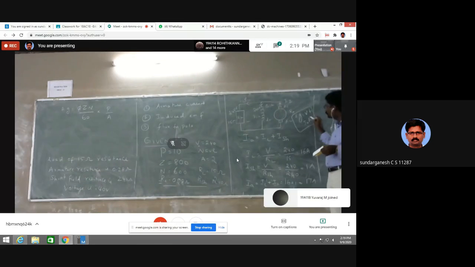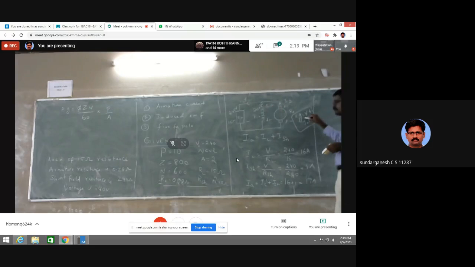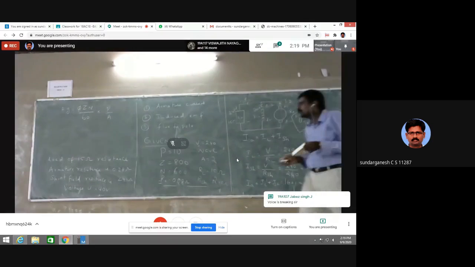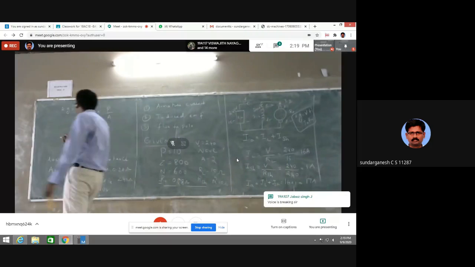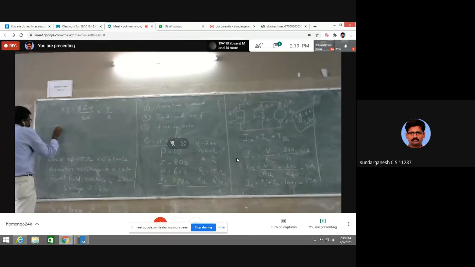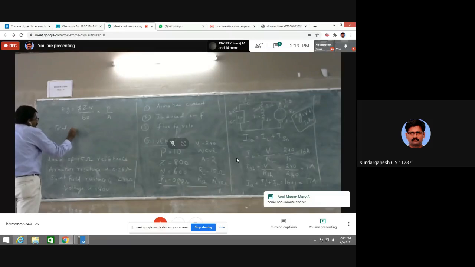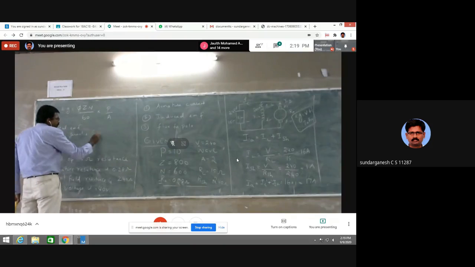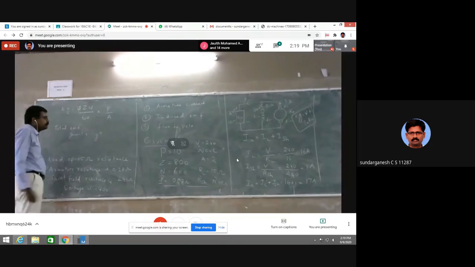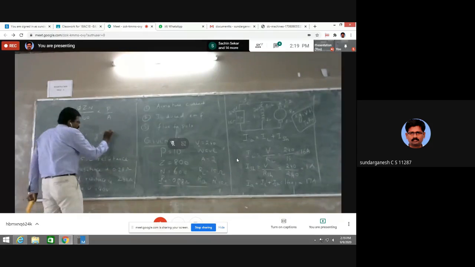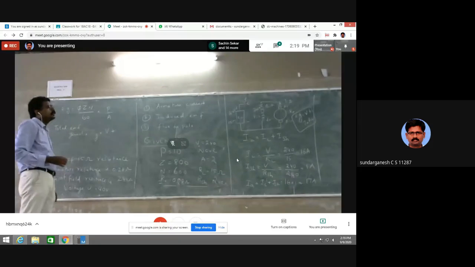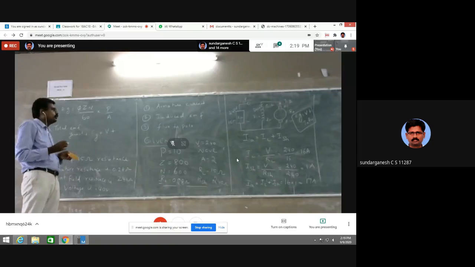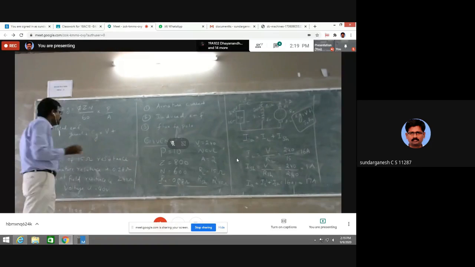That voltage drop plus the terminal voltage will give the total EMF generated. So E equal to the terminal voltage V plus the voltage drop in the armature. Voltage drop means V equal to IR, so I is IA, R is RA. So V plus IA RA.